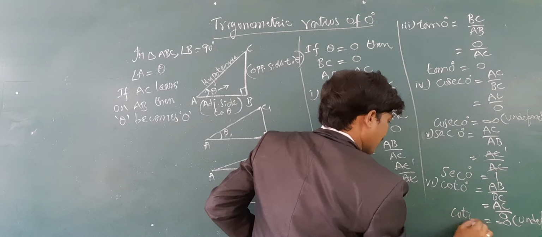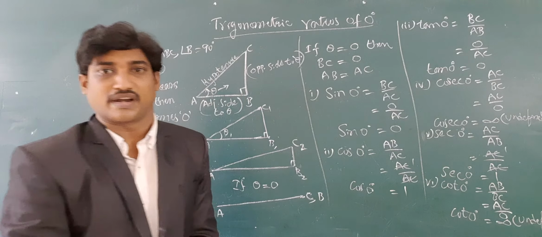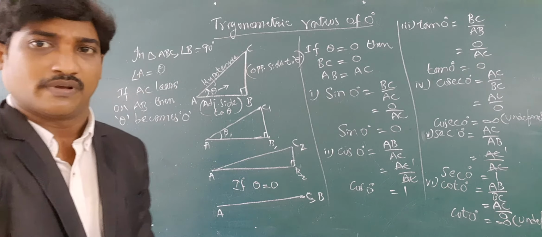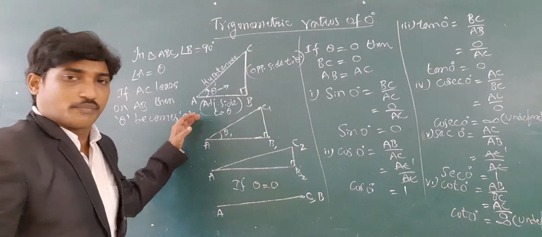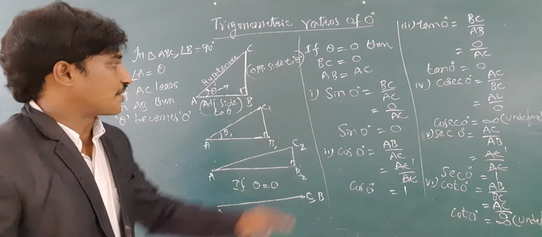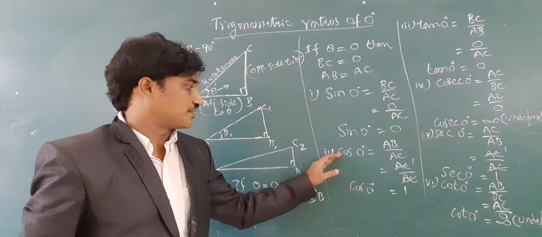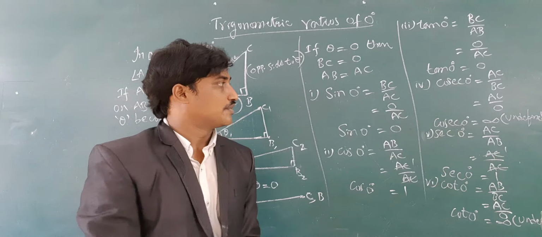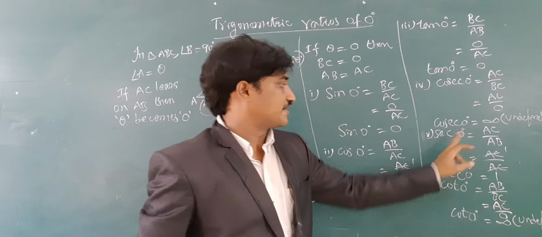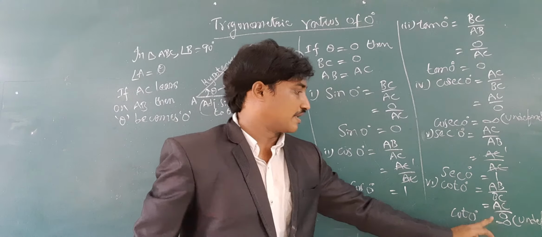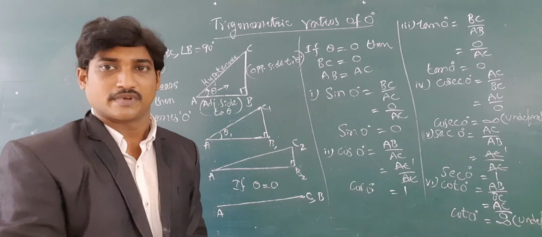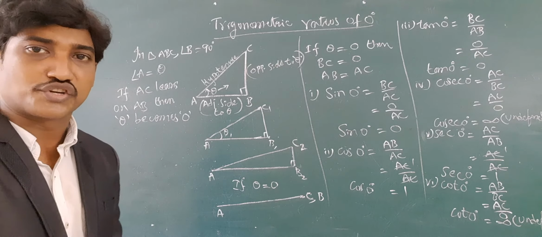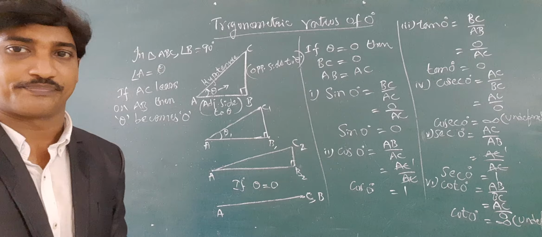So cot 0 degree is infinite, undefined. So from this we came to know sin 0 degree is 0, cos 0 degree is 1, tan 0 degree is 0, cosecant 0 is undefined, secant 0 degree is 1, cot 0 degree is infinite. These are the trigonometric ratios of 0 degree.